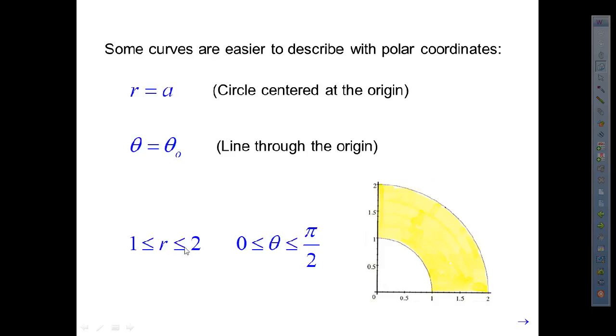It's always going to be between 1 and 2, including 1 and 2. Well, where's my angle going to be? Well, it's only going to be between 0 and pi over 2. So it doesn't extend past this to go on around the circle. It doesn't go this way to go negative angles, and the radius in that area that we're defining is always going to be between 1 and 2. So it's all this shaded area.